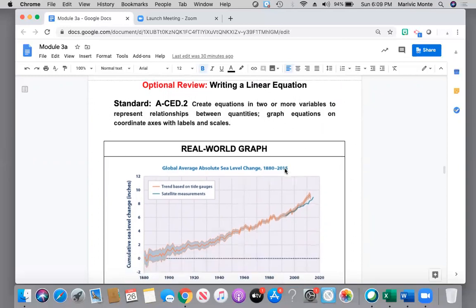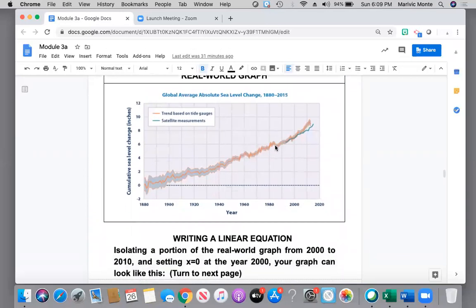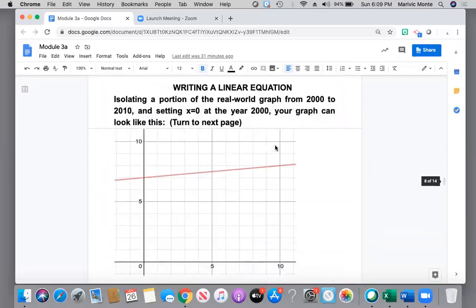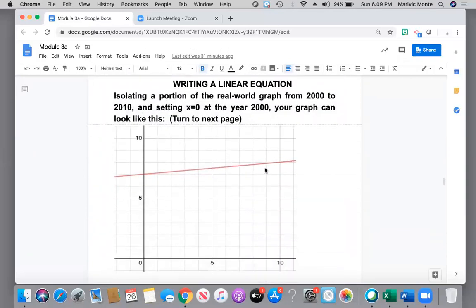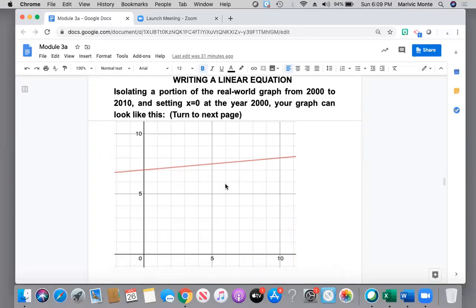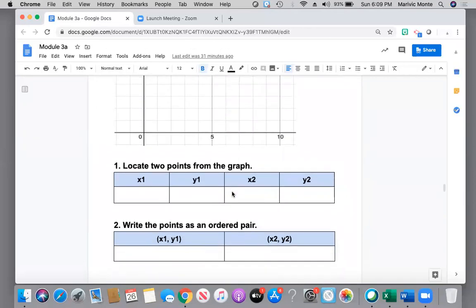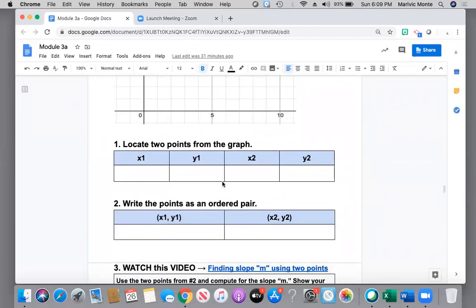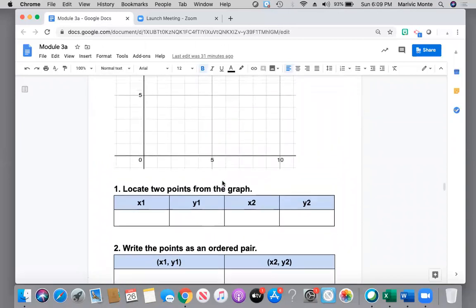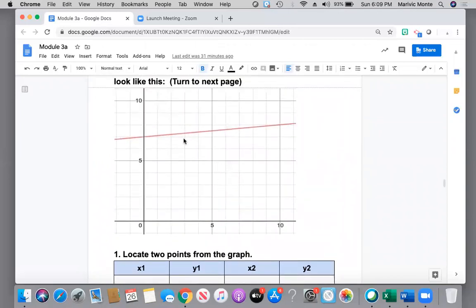So quickly, we have, again, the same graph. And here's an example of a graph of a line and a quick explanation of this. And again, it will help you locate 2 points from the graph. It will help you better in here, even as compared to the last one.